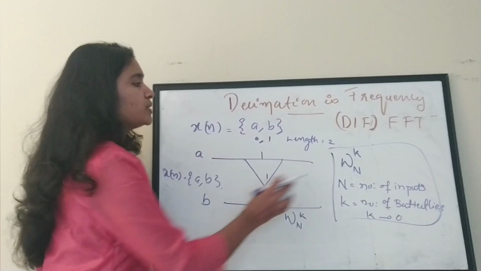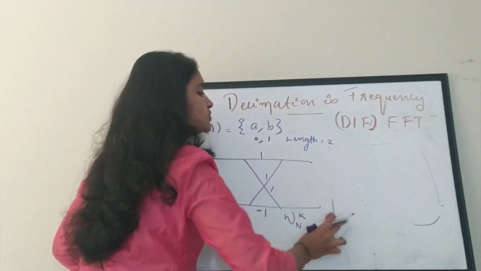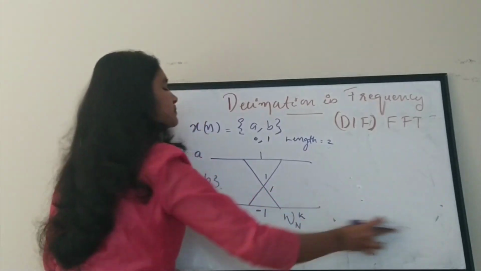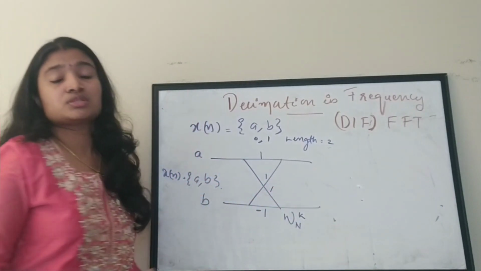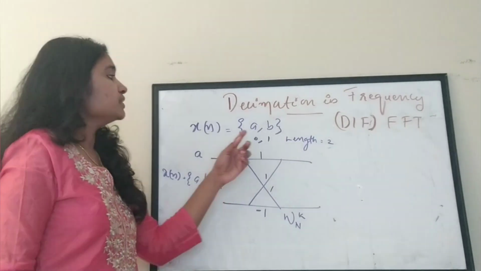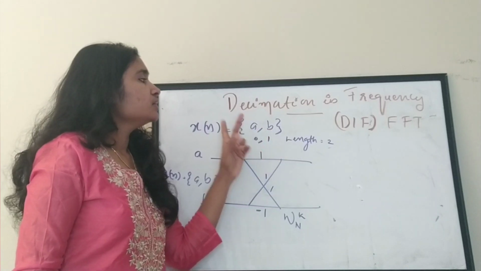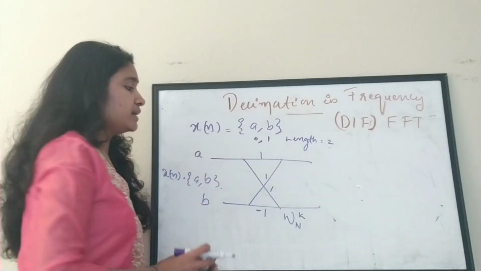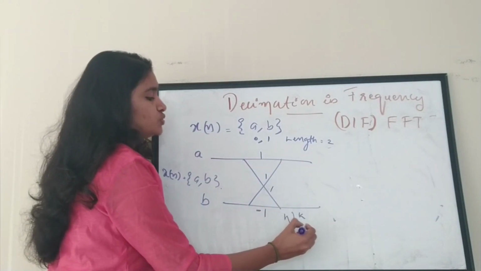Now, let's talk about W_N raised to k for this particular case. I told you N is the number of inputs. How many inputs are there? There are 2 inputs, that is, the length is 2, so N is equal to 2.